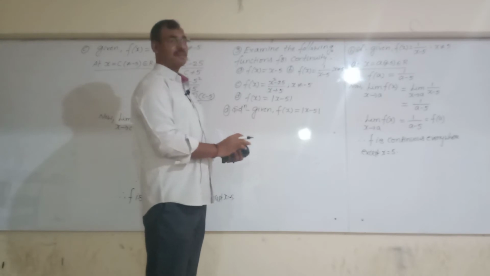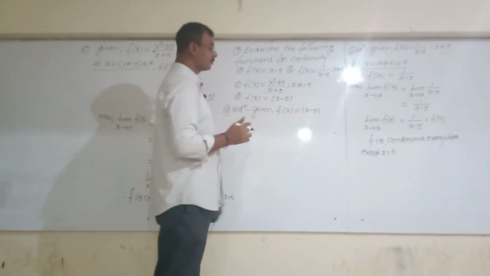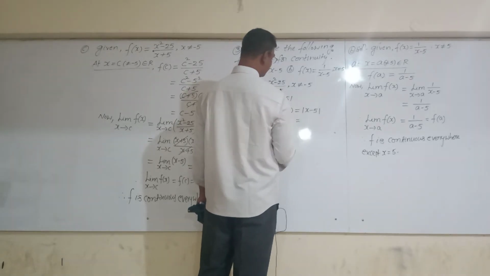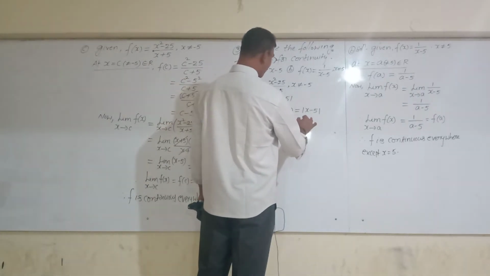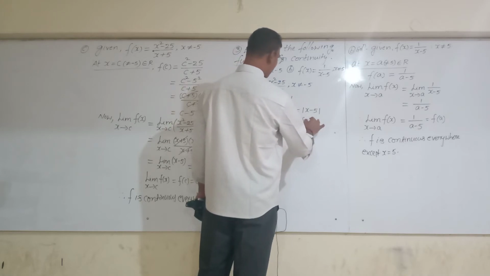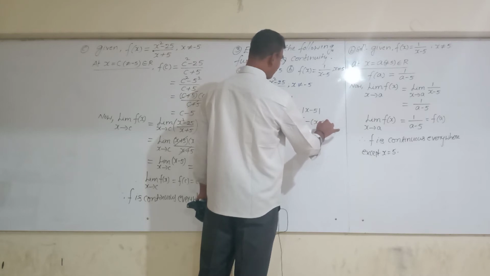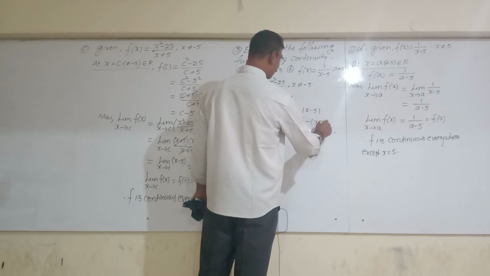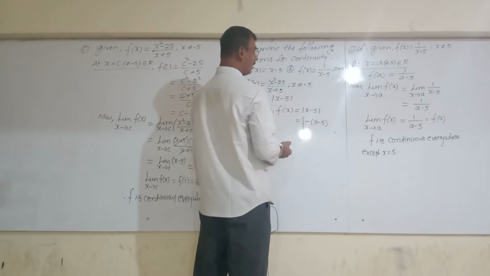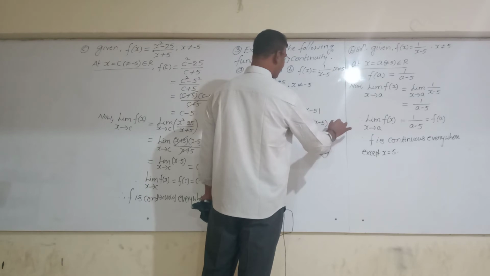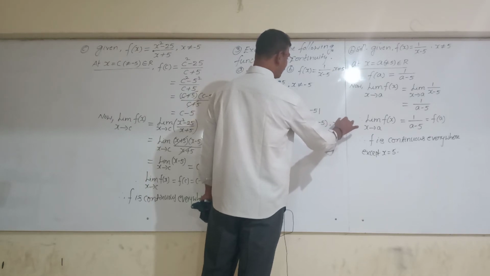Here conditions are there. So observe what the conditions are. I only have two breaking cases. This is the mod x problem. So mod of x minus 5 is minus of x minus 5 when x is less than 5.